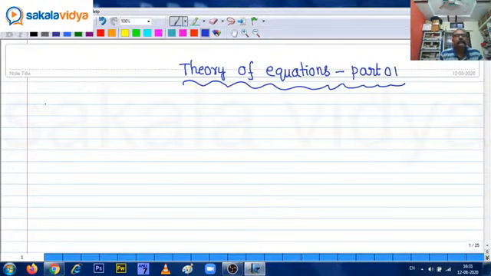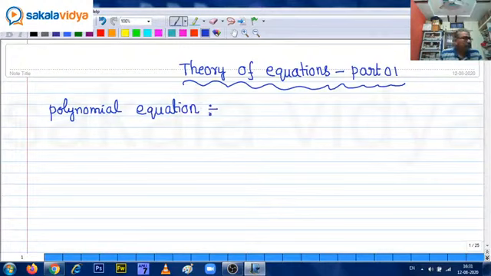Next, polynomial equation. So first let us discuss the concept of the polynomial equation. What is meant by the polynomial equation?